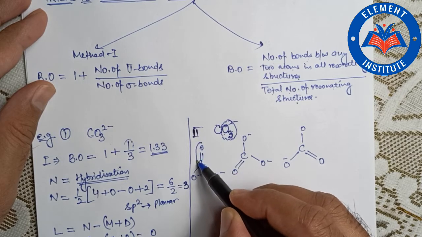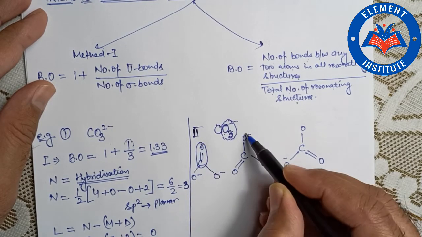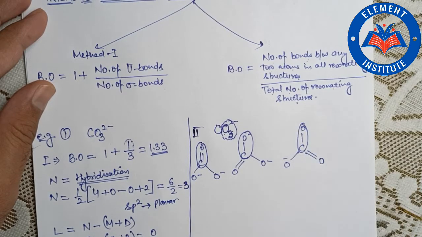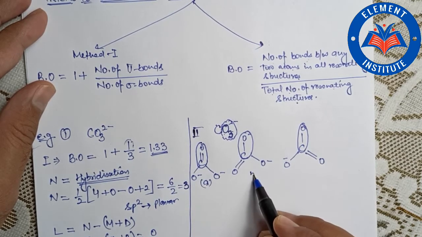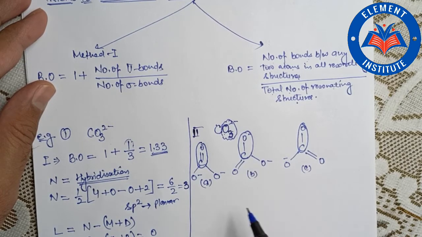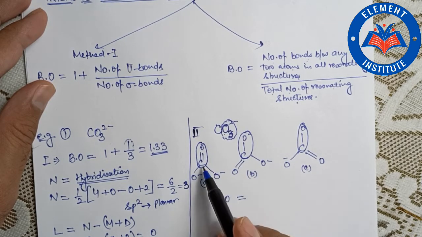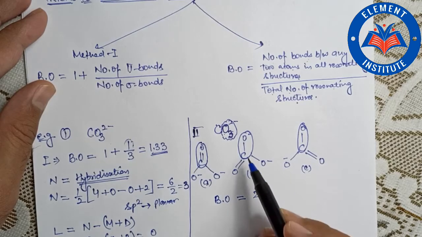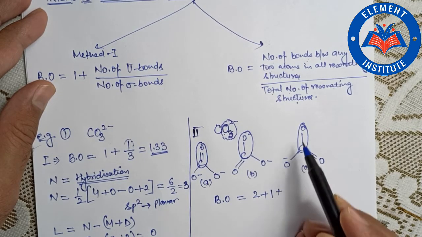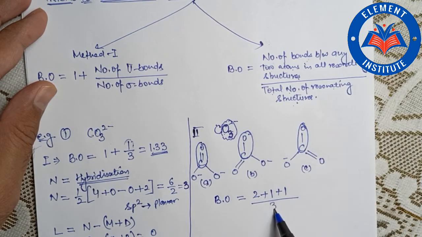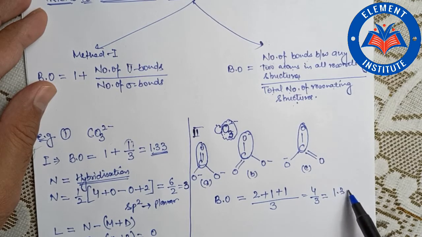I will take these 2 atoms in structure A, structure B, and structure C. So what will be the bond order? It will be equal to the number of bonds between the 2 atoms in the first structure, which is 2, plus 1, plus 1. The total number of resonating structures is 3. So it is 4 by 3, that is 1.33.